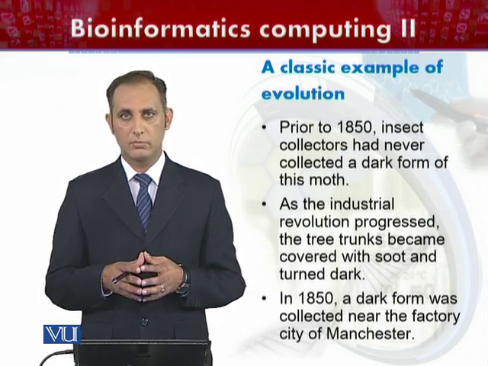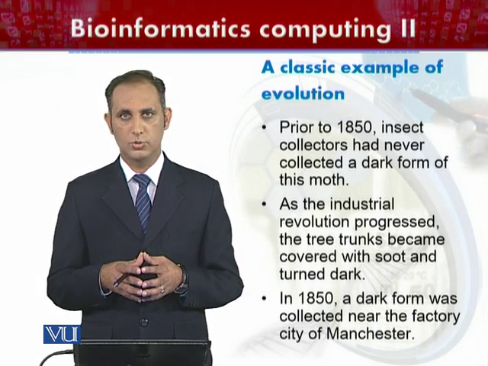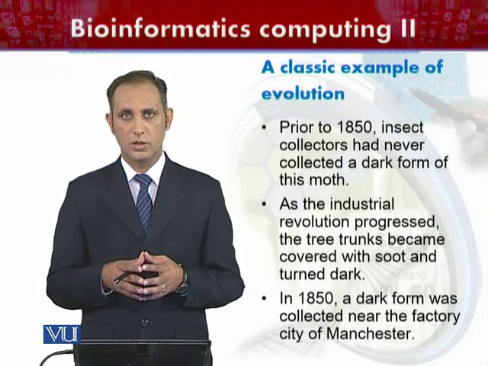As the tree trunks became darker and darker due to the accumulation of industrial soot, it was very difficult for the lightish colored moths to get camouflage on those dark spots. These light colored moths became visible, their camouflage strategy failed, and they were easily seen and picked by the birds.